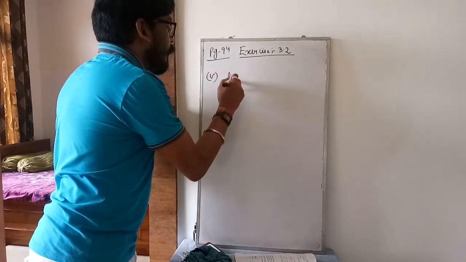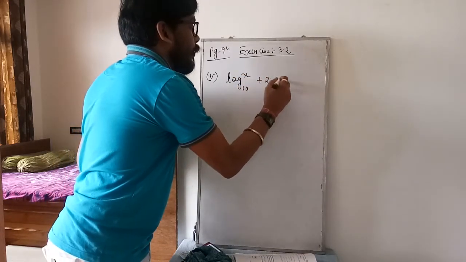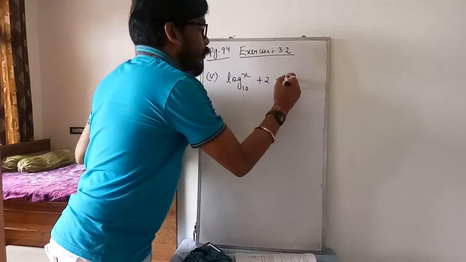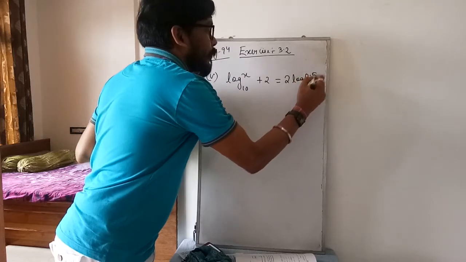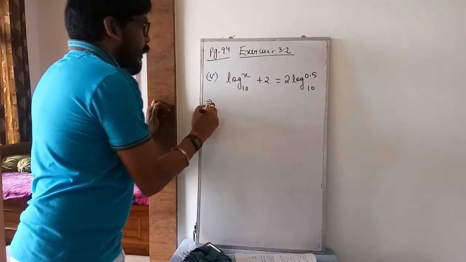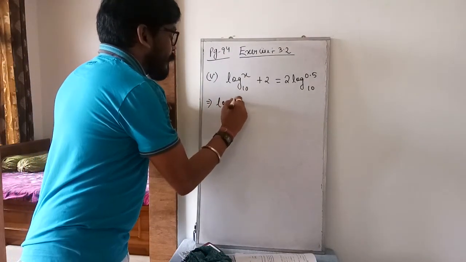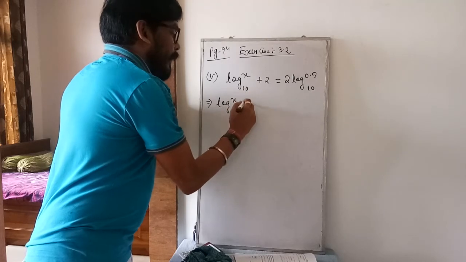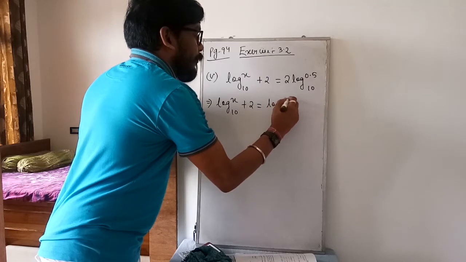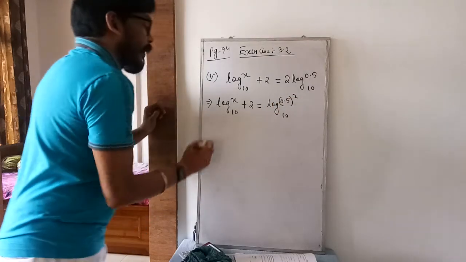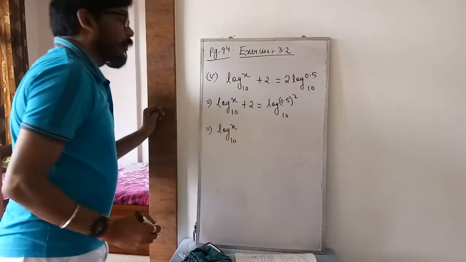So it is log x base 10 plus 2 equal to 2 log 0.5 base 10. I have to find the value of x here. Log is already there, so log x base 10 plus 2, the coefficient goes in the power, so it is log of 0.5 whole square base 10. Now let me bring the log term on one side and the term without log on the other side.